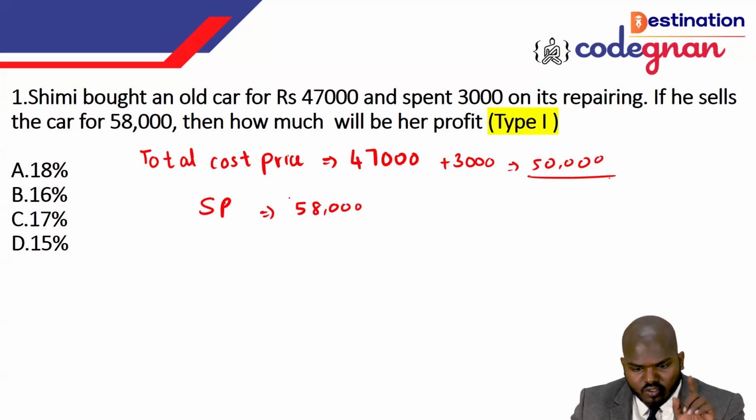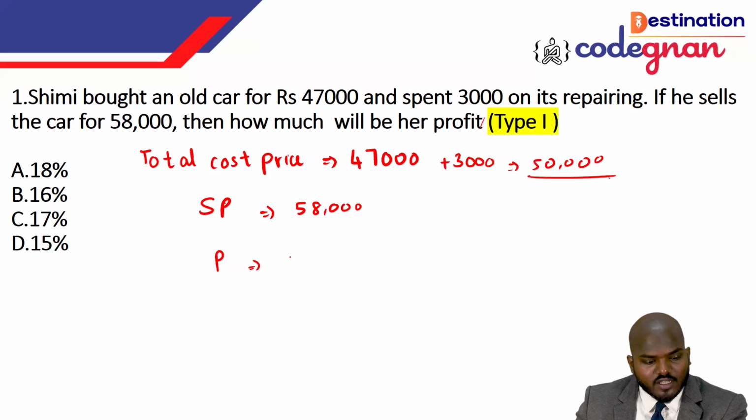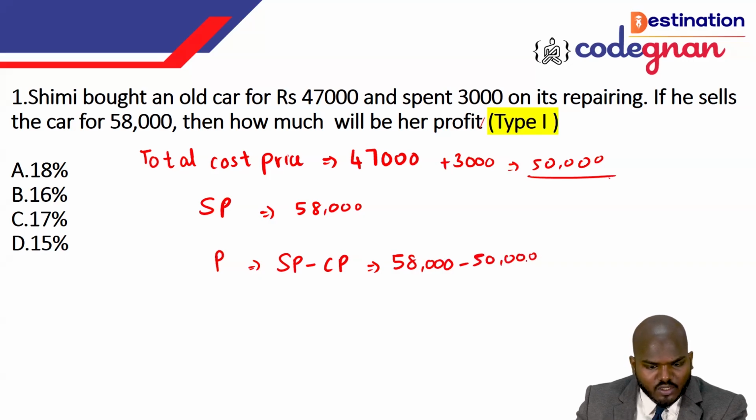Now you want to find the profit percentage. Profit is equal to what? What is the formula, guys? Profit is SP minus CP. SP is 58,000, so 58,000 minus 50,000.